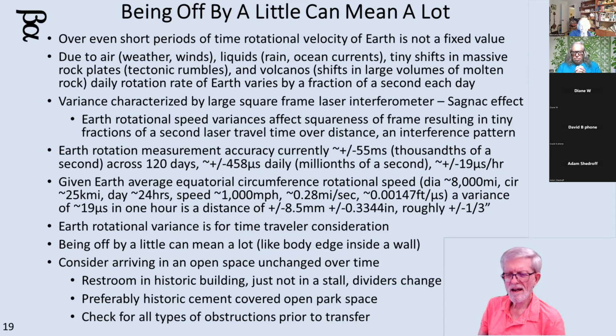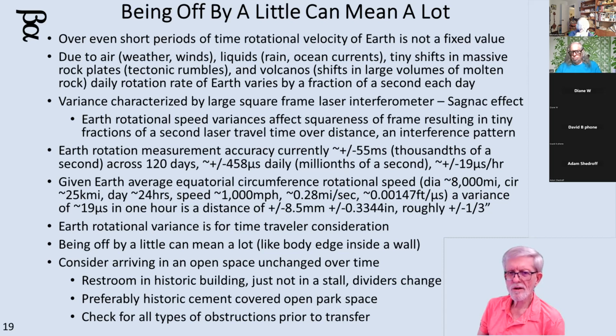And you think, that's a small amount. Nobody worries about that. My Raspberry Pi computers can calculate time of day using GPS signals down to 10 billionths of a second. So millionths of a second is a big fat number. So if the Earth speeds up or slows down by 19 microseconds per hour, how much is that over the surface of the Earth?